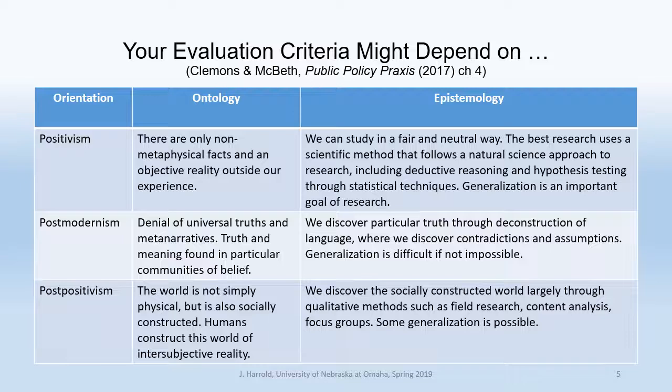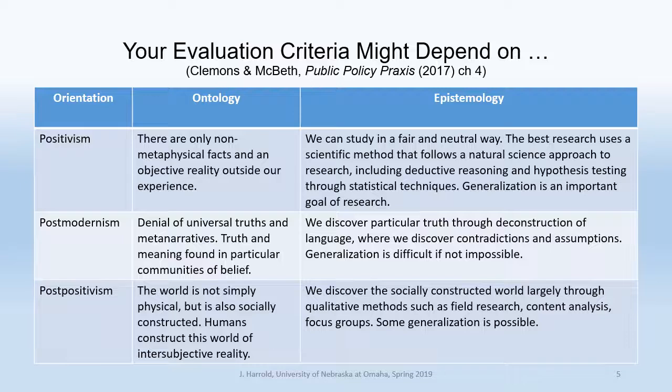Often the way you evaluate things might depend on your orientation. This comes from Clemens and Mcbeth. I gave you chapter 2, I believe, to read for this week, and this comes from chapter 4. Basically, they're saying everyone carries around a different ontology, which is your belief in how the world works, and a different epistemology, which is essentially your belief in how you learn things.